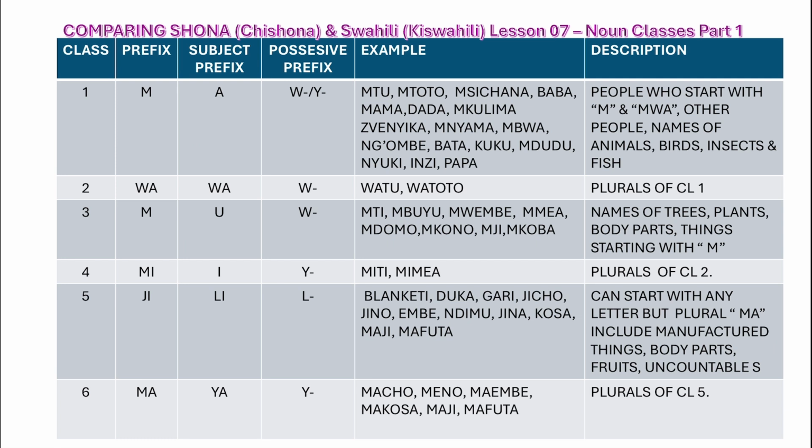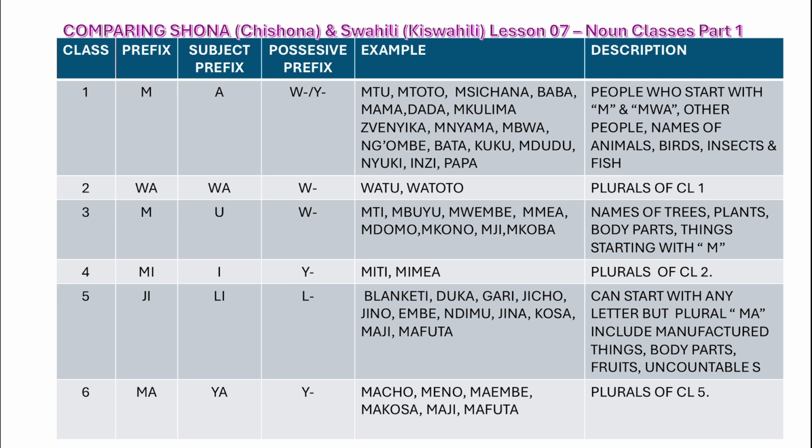Class 5 and 6 is the ji-ma class. This class can start with any letter, but all of them have their plural as ma. This includes manufactured items, body parts, fruits, and many uncountables. For example, blanketi, this is a loan word, blanket. Duka is shop.